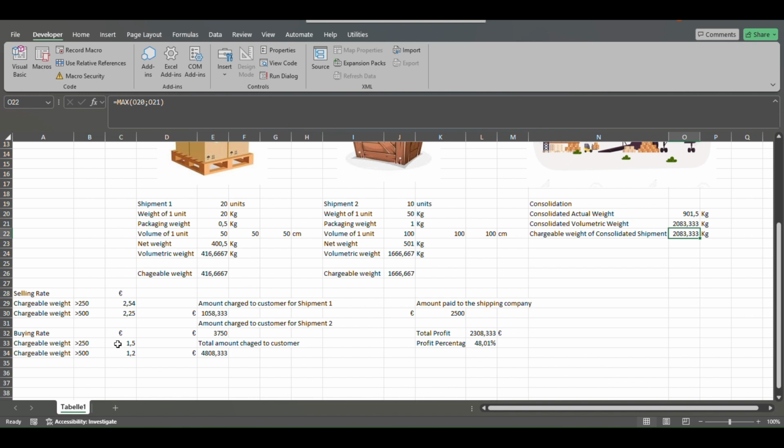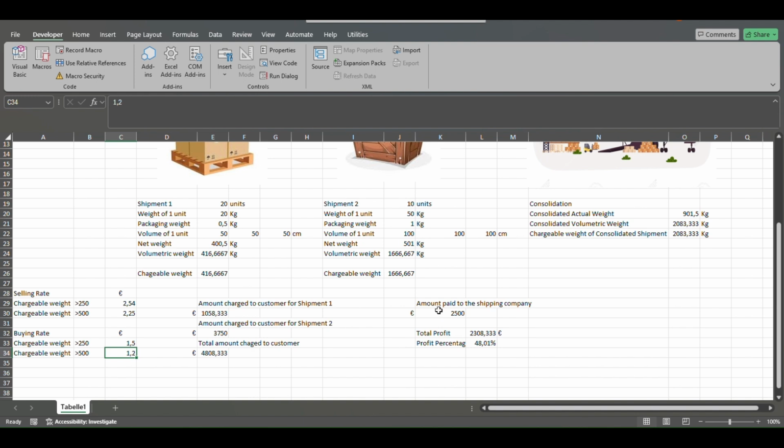And if it is greater than 500 kg of chargeable weight, then the shipping company is going to charge 1.2 euros per kilogram to the logistics company. As the weight increases we have lower charges because we are providing more business to the company in terms of economies of scale. The company usually charges less if we have greater chargeable weight.